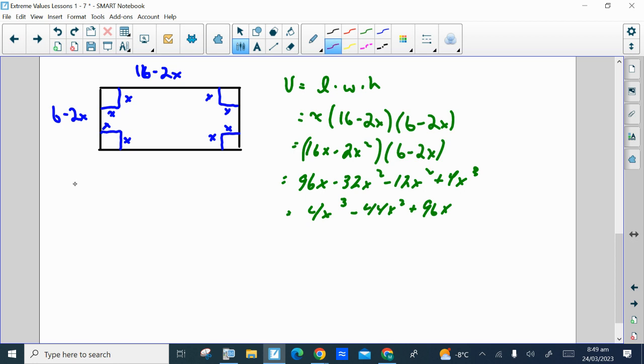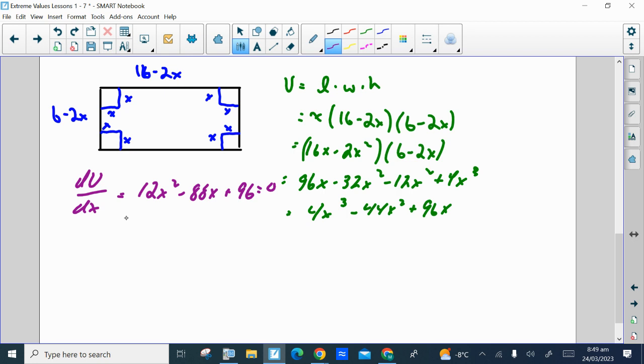And we want to both maximize and minimize that, so we need to differentiate. The derivative would be 12x squared minus 88x plus 96, which we want to find a zero of.